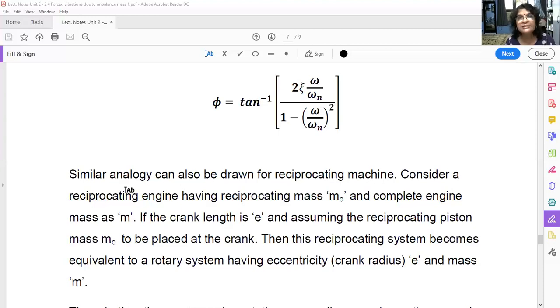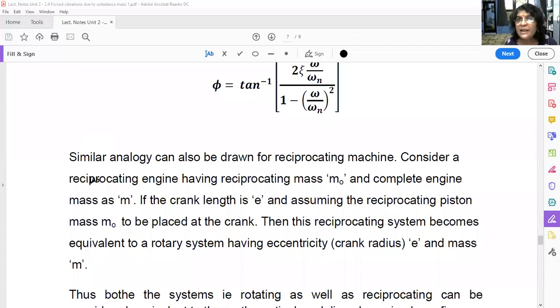Okay, so let us see here. A similar analogy can be drawn for a reciprocating machine. How? Consider a reciprocating engine having reciprocating mass M0. See, the reciprocating mass here, that is the mass of the piston basically, is treated as the unbalanced mass. Now this you are going to study in detail in unit number 4.